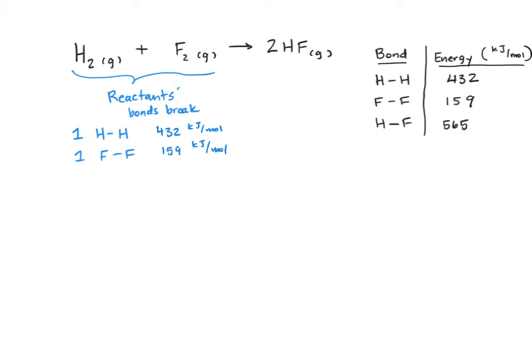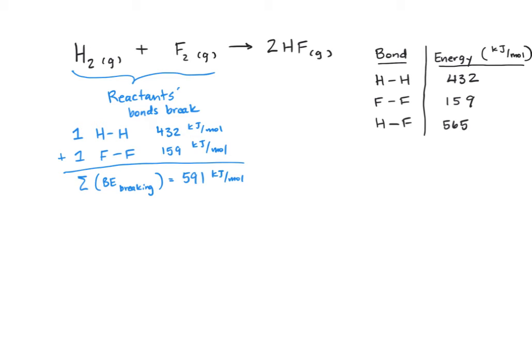We're going to sum all of those energies together to get a total sum of all of the bond energies for all of the bonds that are breaking in this reaction. 432 times 1 plus 159, also times 1. Added together, give us 591 kilojoules per mole of reactant.